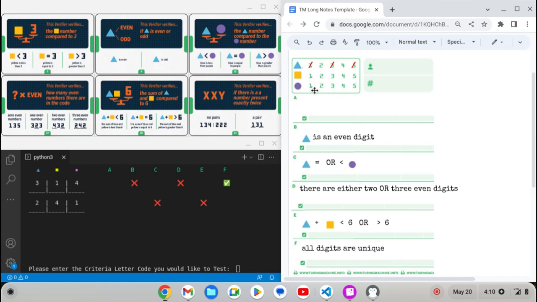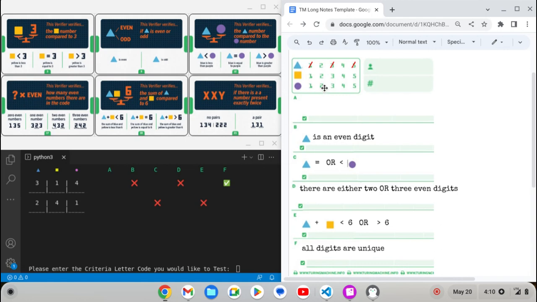Obviously, all the equals are, oh, I'm sorry, I should be looking at triangle and circle. Well, that's interesting. If it's equal, that would mean that they would have to be the same digit, right? I know that triangle's even. So if triangle and circle were to be equal, oh, that's interesting.